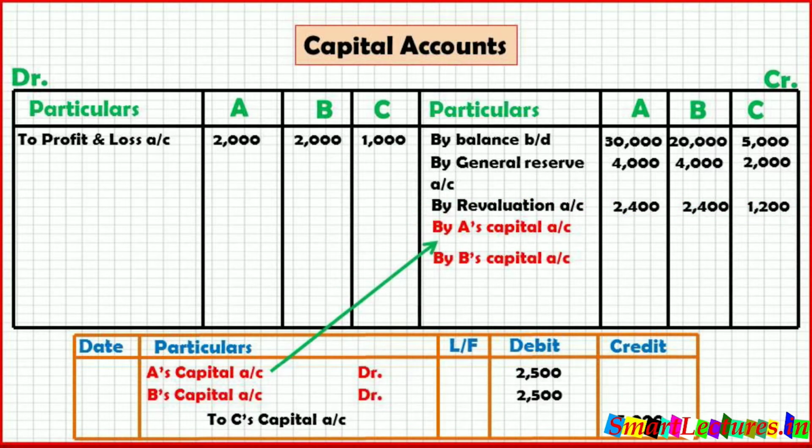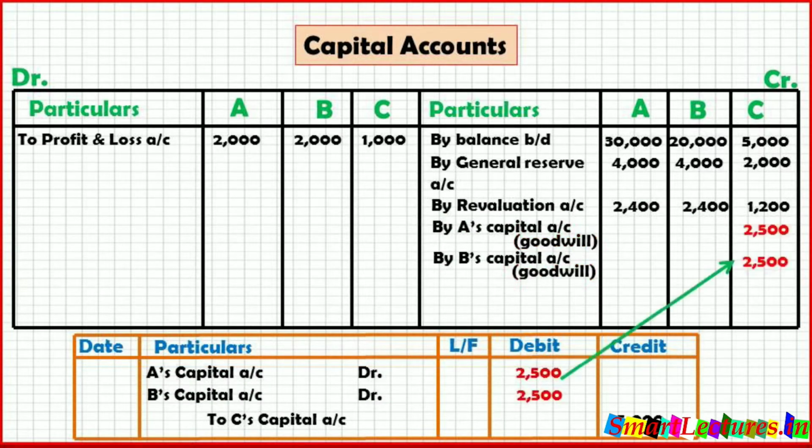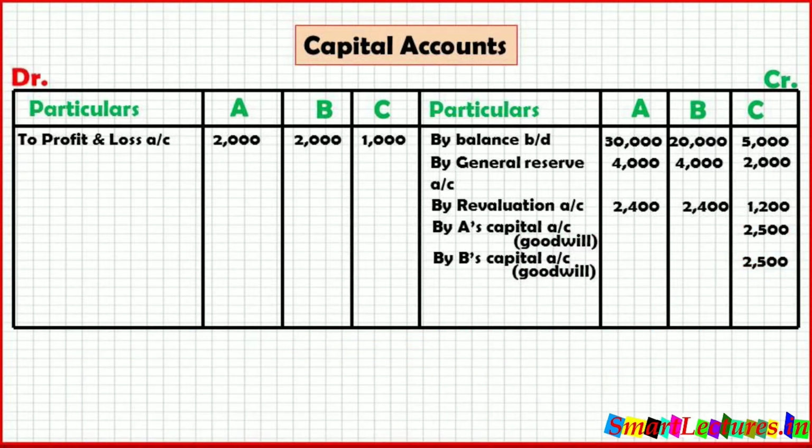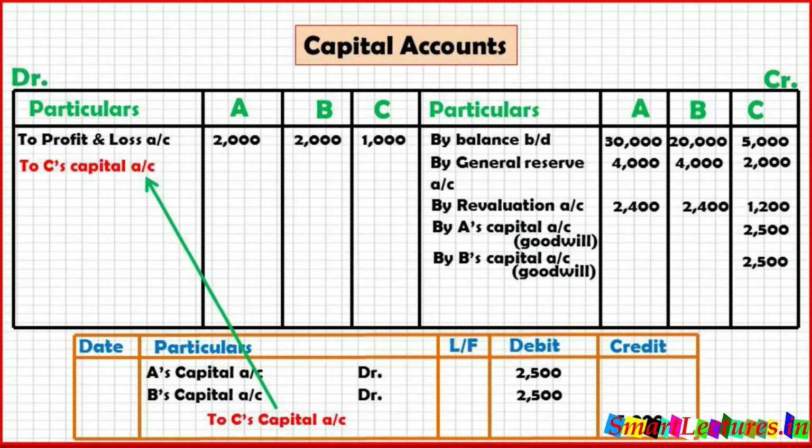Then by A's capital, by B's capital, and write down goodwill in the inner column. So come to the C's column, 2,500, 2,500. Now come on the debit side to C's capital. In the inner column, please write down goodwill and 2,500 in A's column, 2,500 in B's column.